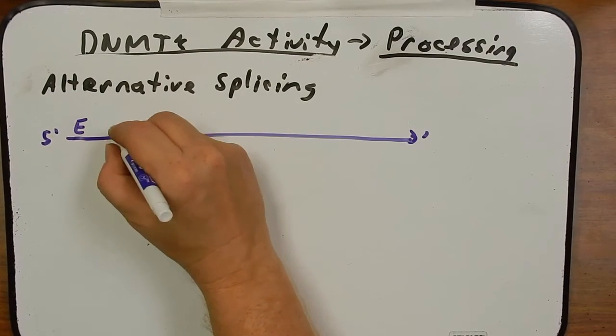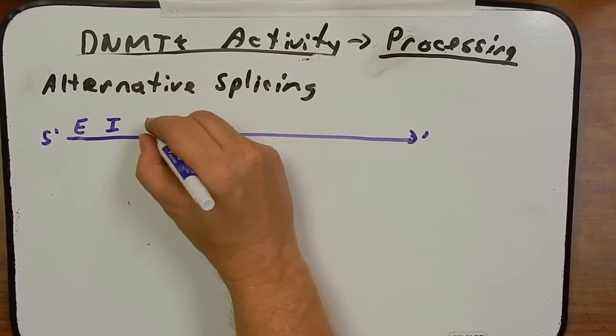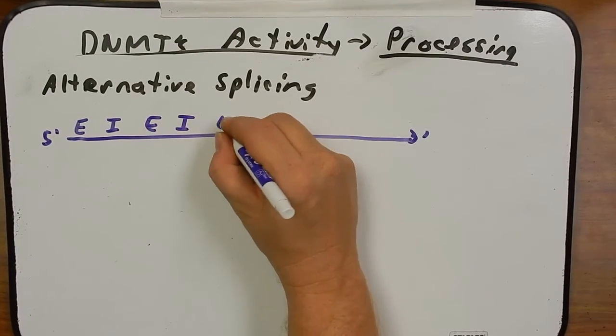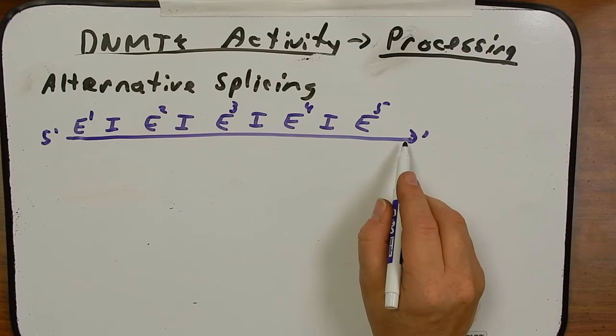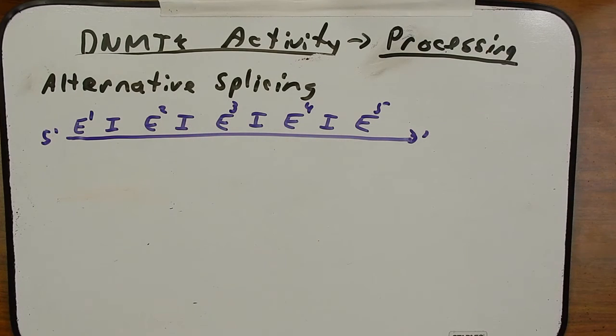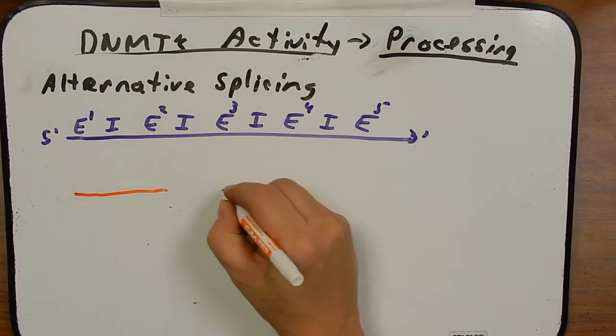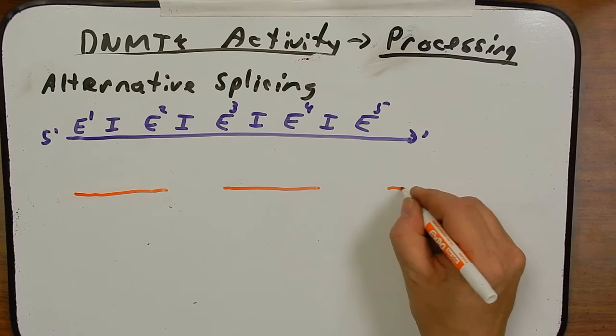There's more introns and exons in it than I'm showing here. I'm just drawing this for simplicity. So what we know is that this one DNMT1 mRNA can be alternatively spliced to produce 3 different mature messenger RNAs. And we're just going to draw some as an example here.